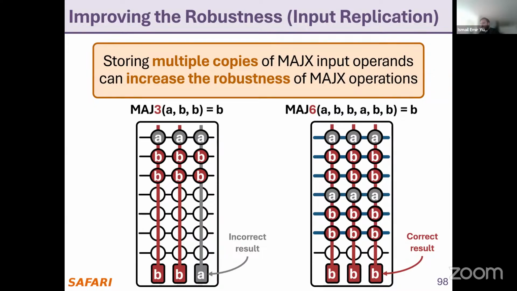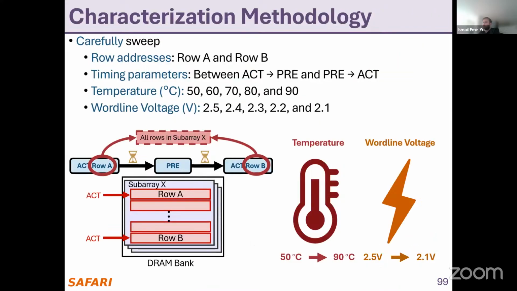But by doing that, we amplify the bit line voltages. So the deviation when you activate 3 rows is not as high as when you activate 6 rows. As a result, you can produce more correct results compared to the non-replicated input MAJX operations.